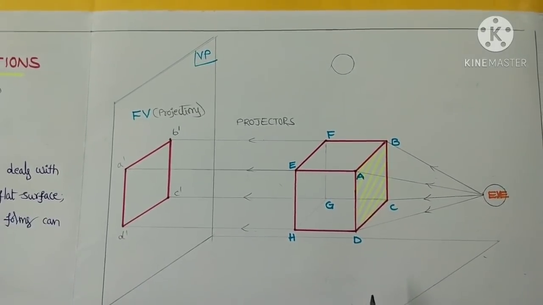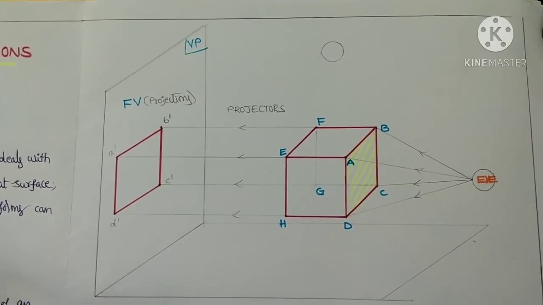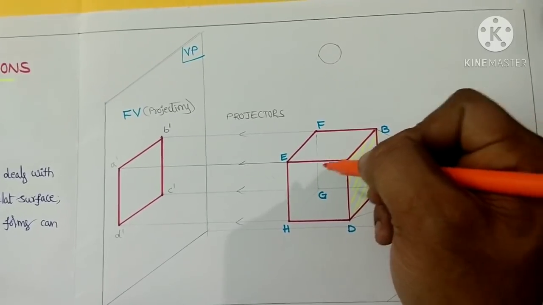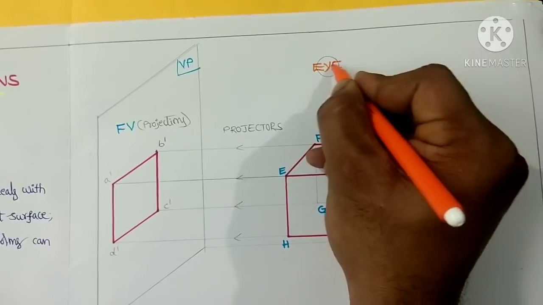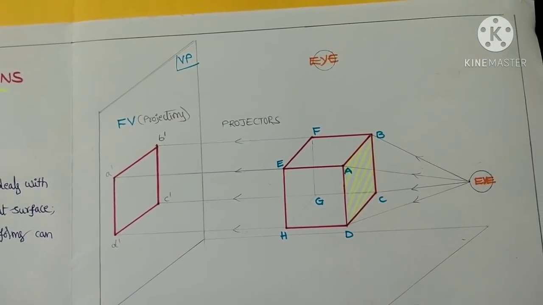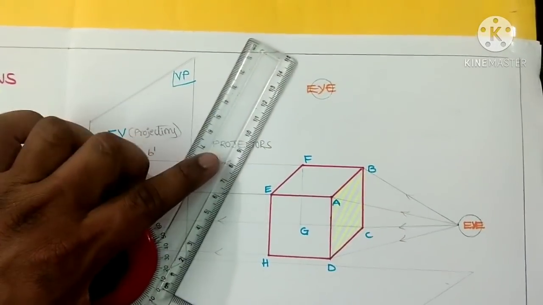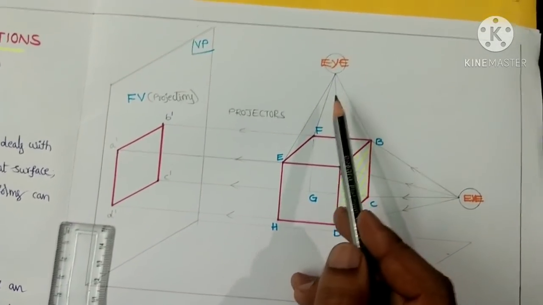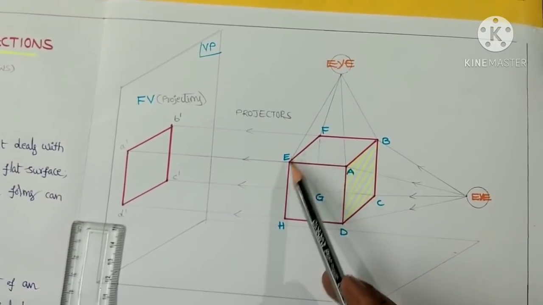Now let us construct the top view of this particular object. For that purpose, the observer position must be located above the object. So I can say this is the eye of the observer. As I said, initially the rays from the eye of the observer will meet various points of the object. In this way the rays meet various points of the object.